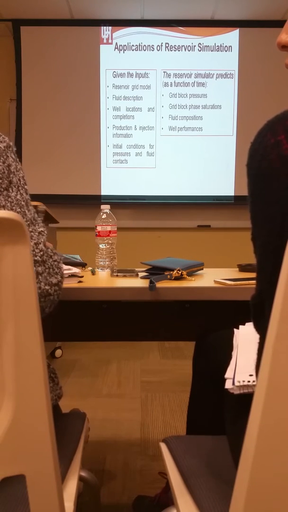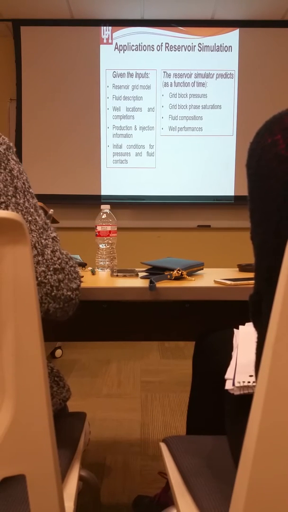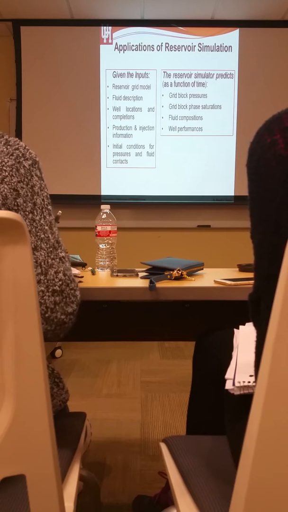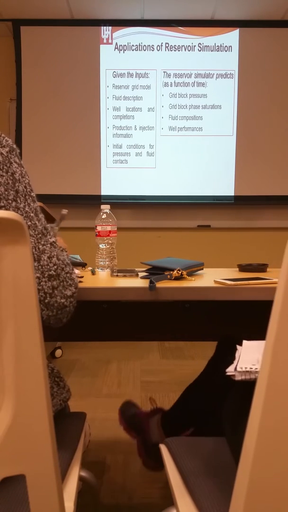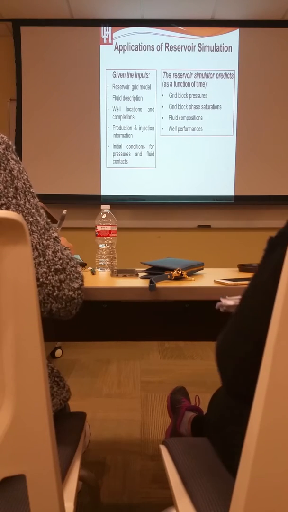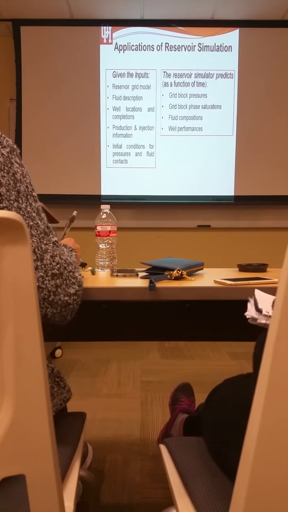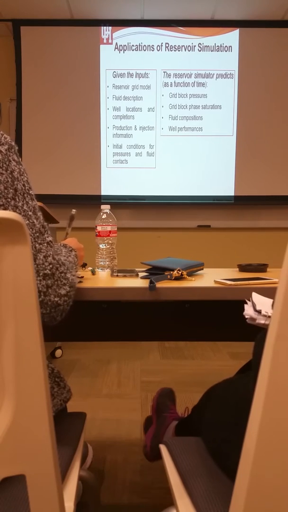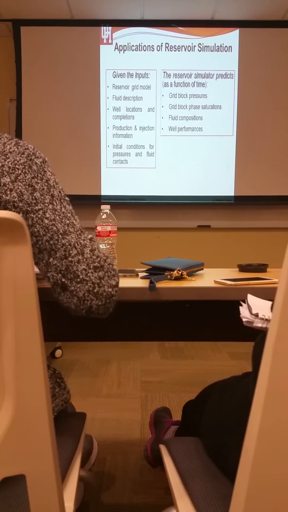In order to get what? Well, the reservoir simulator predicts, as a function of time, grid block pressures, okay? Grid block phase saturation, fluid compositions, if that's the case, and well performance, in a sense. In a sense, we are dealing with the performance of the reservoir based on well performance, okay?